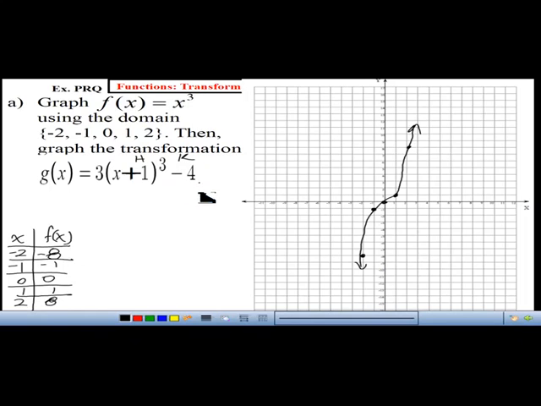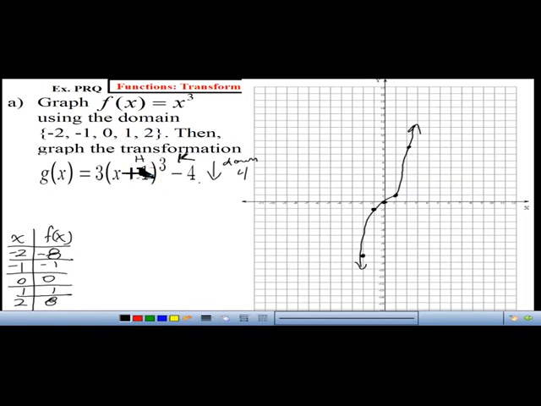So move it 4 to the right. K. Guys, remember, k is always up and down. If it's a negative, it's going to move down 4.